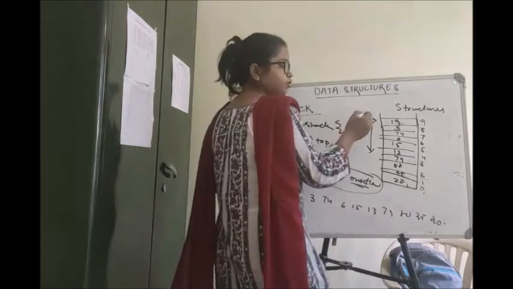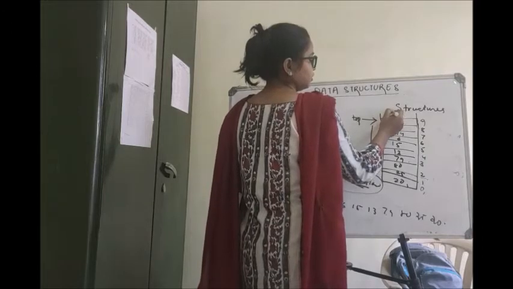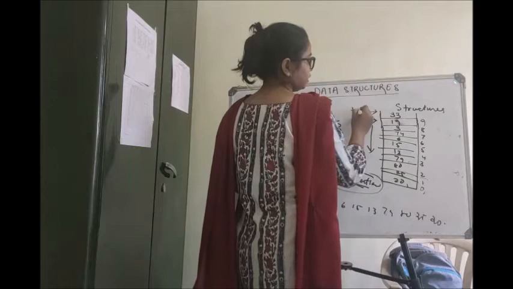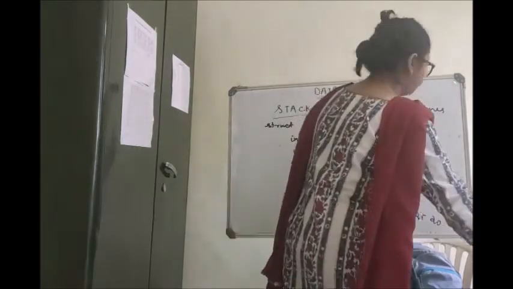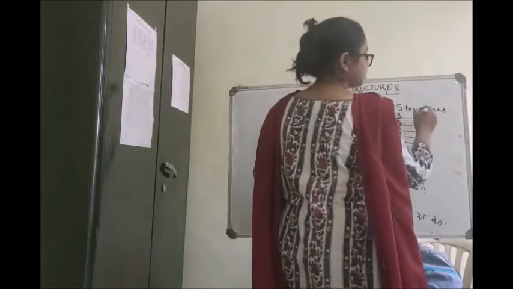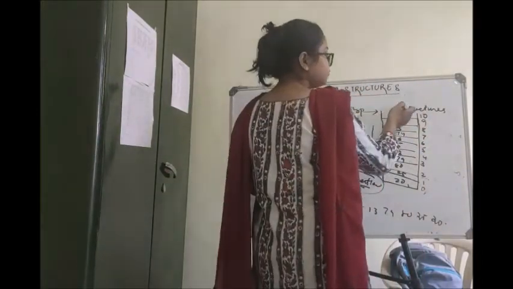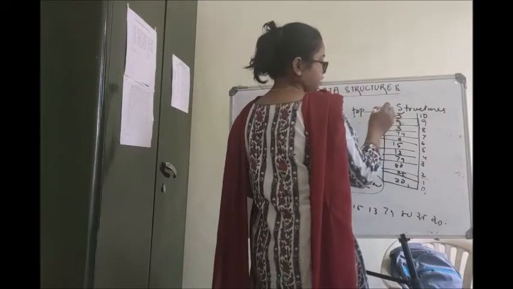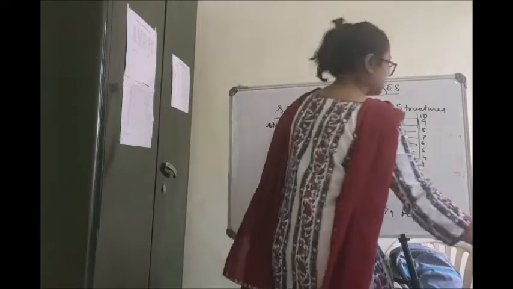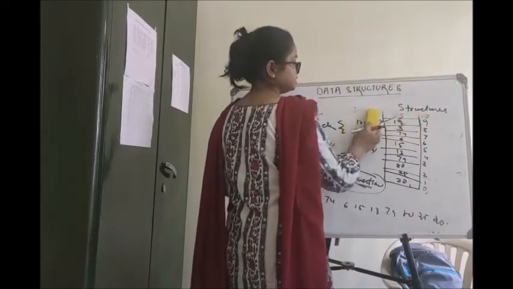So we can add some element like 33. Then top will be incremented to the next position. Now top will point to position number 10. Similarly, if you delete this element, then top will point to this. So this will be deleted and top will be pointing to this.